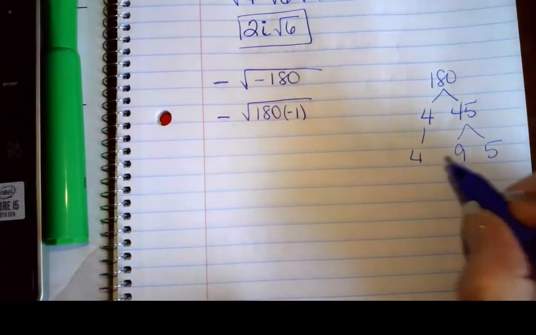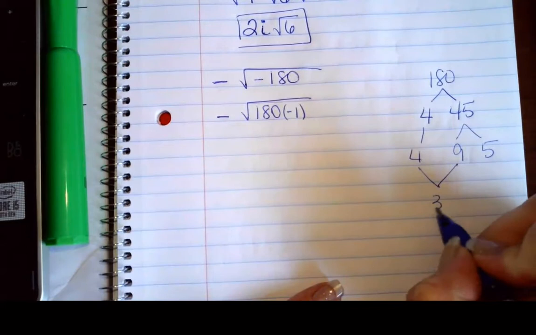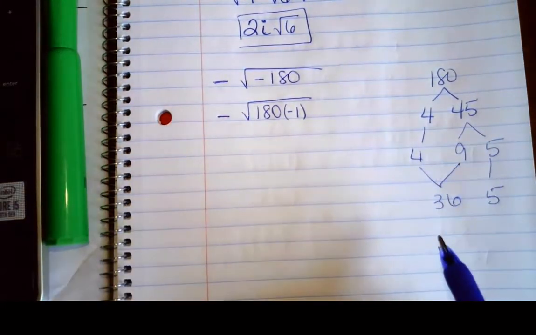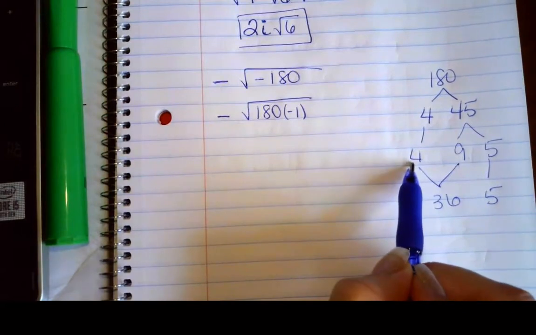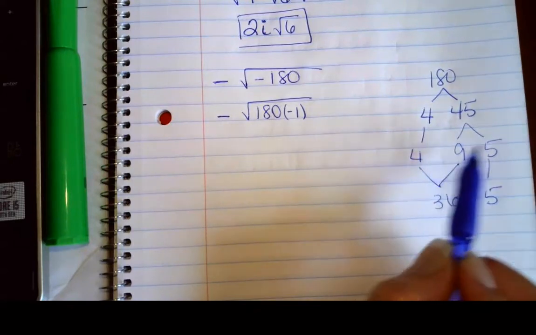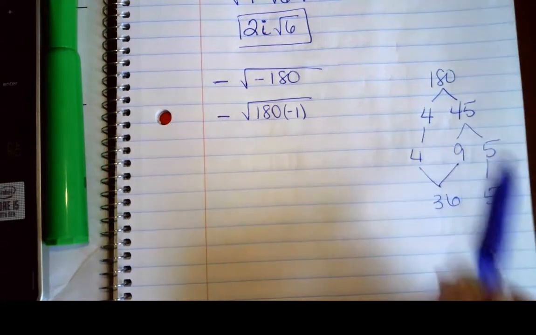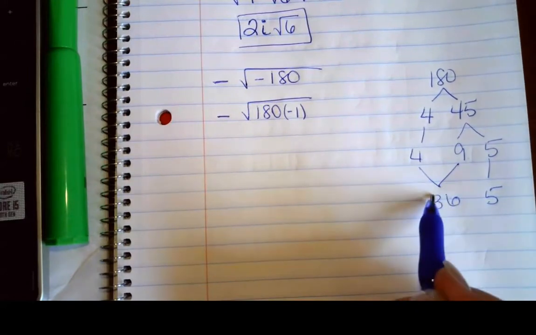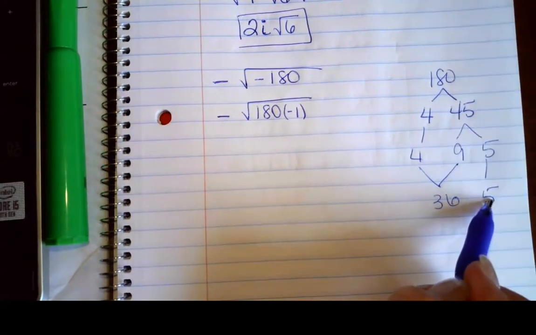So that's going to better this. So I'm going to rewrite it as 36 times 5. Why did I multiply it back again? I could have taken the square root of 4 and gotten a 2. I could have taken the square root of 9 and gotten a 3. And then the square root of 5 would have stayed inside the radical. But this, I can just rewrite as a large perfect square times 5.